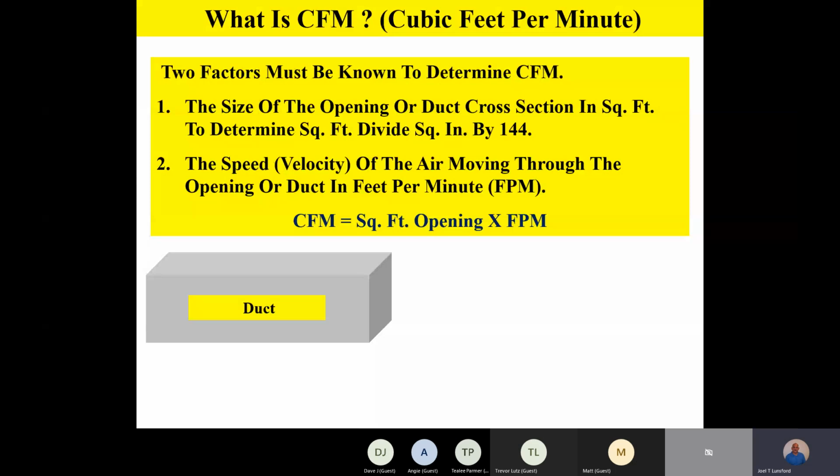The third component, and we're going to see that maybe we've got a construction constraint, or maybe we're not using round duct, but maybe we're using rectangular duct. And so the third component on the duct calculator we're going to talk about is a rectangular equivalent to round duct dimensions.